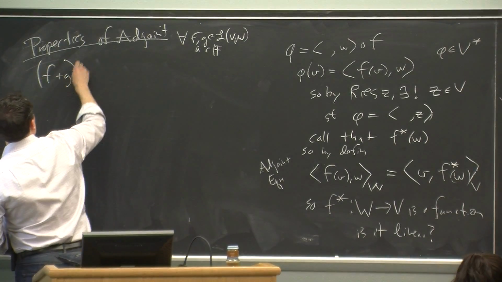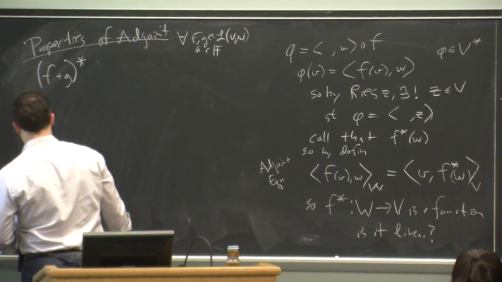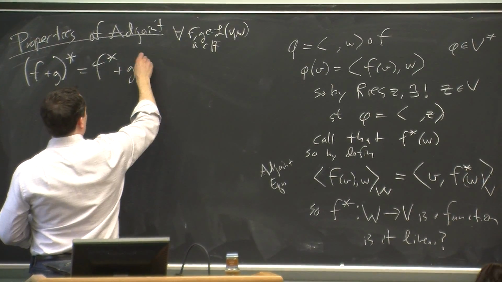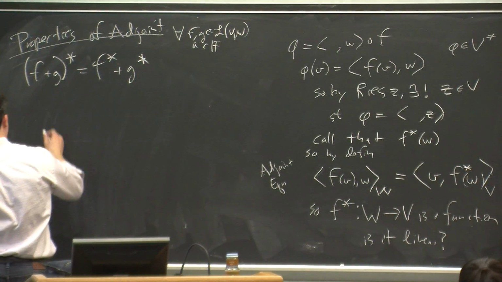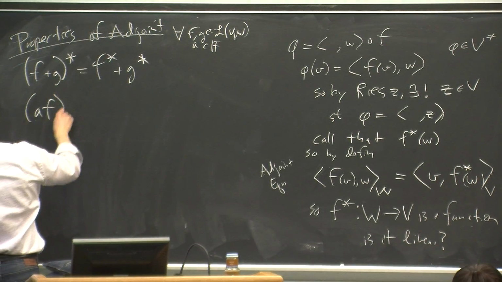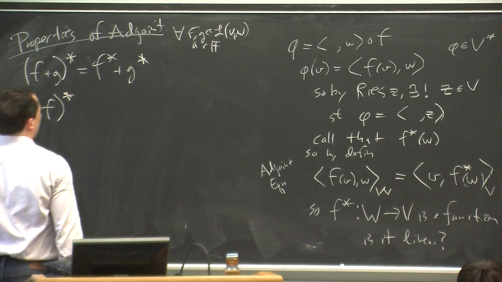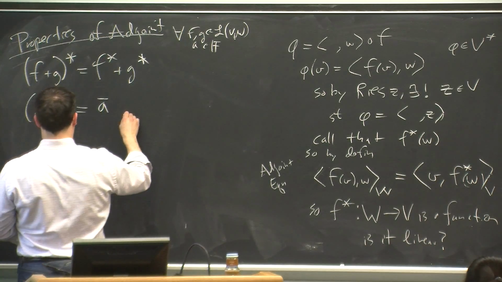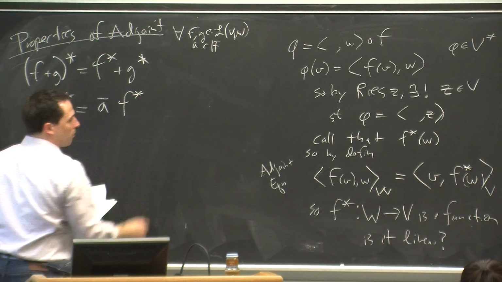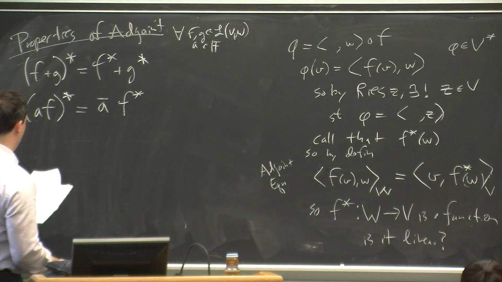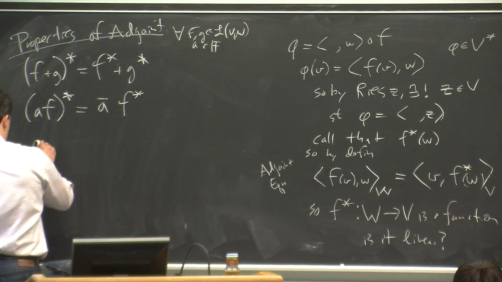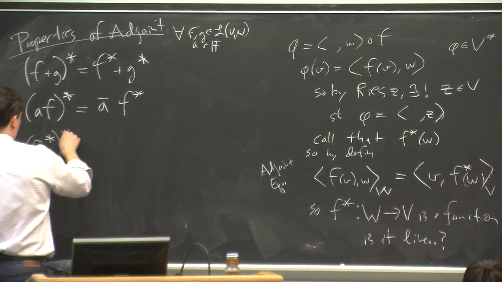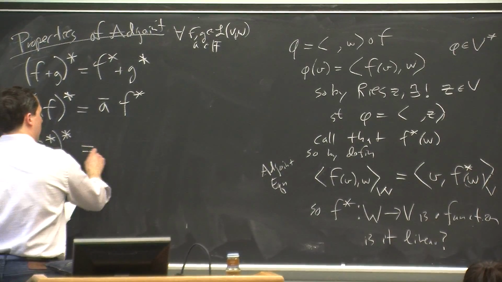The adjoint of a sum of linear operators is equal to the sum of the adjoints. If I have a scalar multiple and I take the adjoint, I have to conjugate the multiple in order to pull it out. The adjoint of the adjoint is the input.